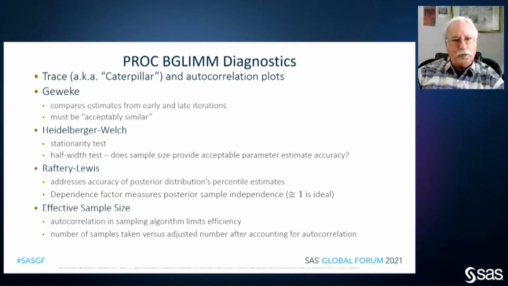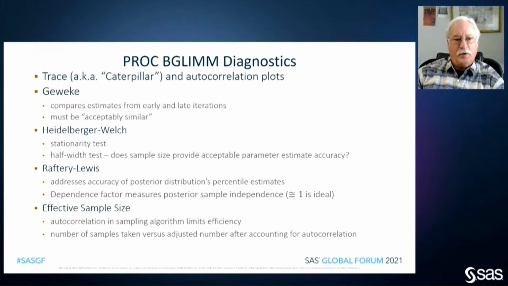Okay, when you run a GLMM program, there are some diagnostics that you need to take a look at before you start looking at the results of the analysis. Two important plots are the trace, or what are sometimes called caterpillar plots, and autocorrelation plots. There's also a Geweke diagnostic, which compares estimates from early and late iterations, and they must be, quote, acceptably similar.